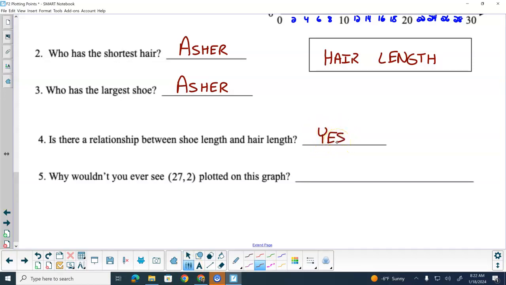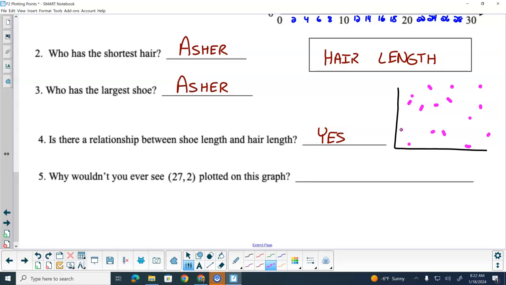Now, if your graph looked like this, I'm just going to draw this over here. If that was your graph, for sure there's no relationship there, because it's all over the board.